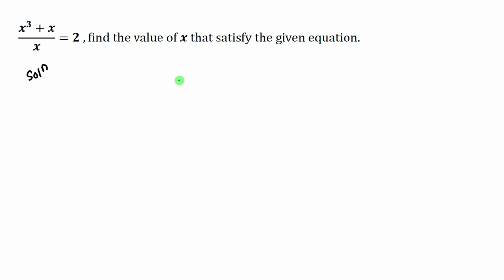We have given (x cube plus x) divided by x equals 2. In the next step, I am going to do cross multiplication. That is, x in the denominator will go to the numerator of the right hand side. So here I can write x cube plus x equals 2x.